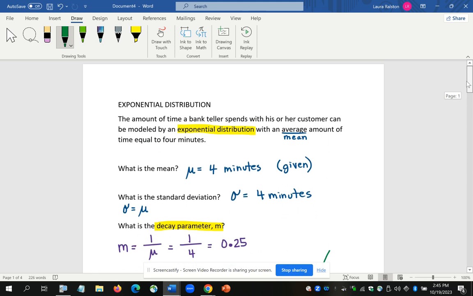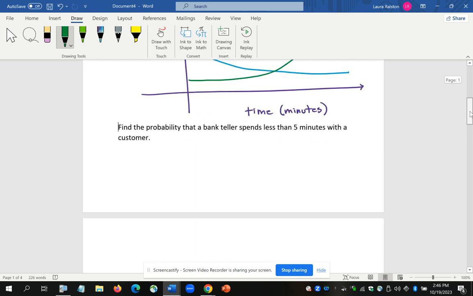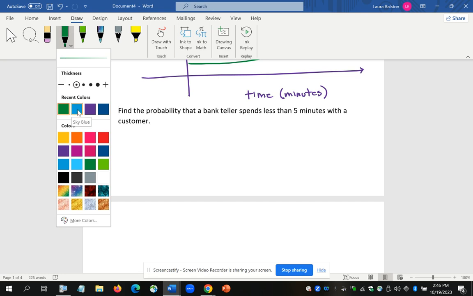So we have a scenario. We know that we have an exponential distribution with a mean of 4, and our decay parameter is 0.25. So the first question says, find the probability that a bank teller spends less than 5 minutes.